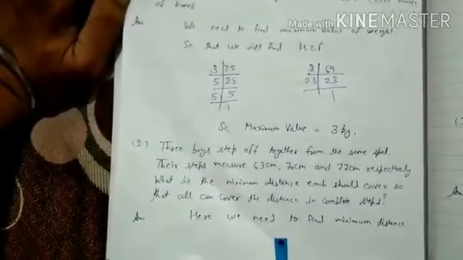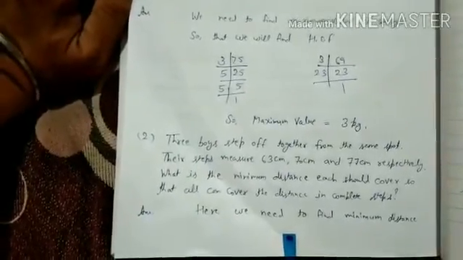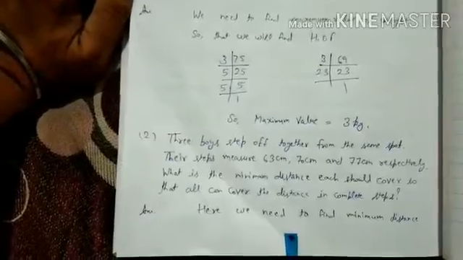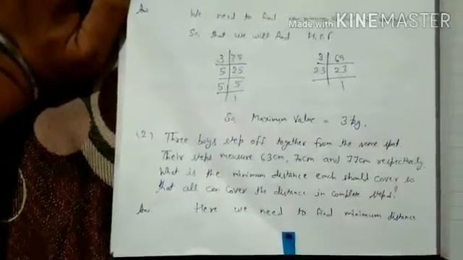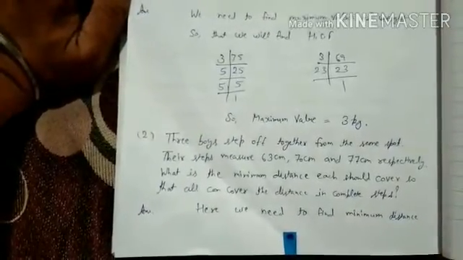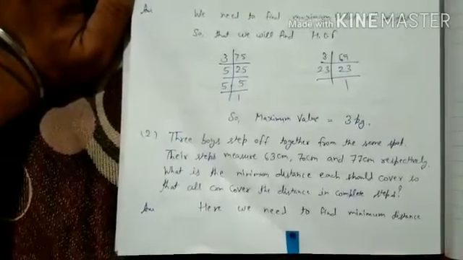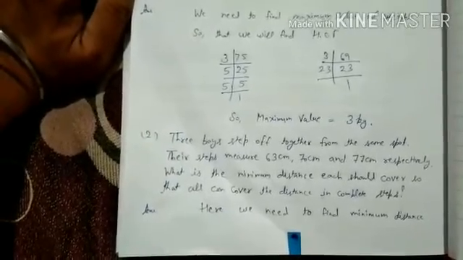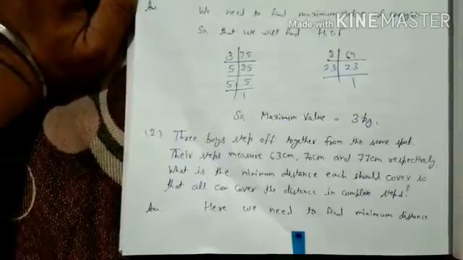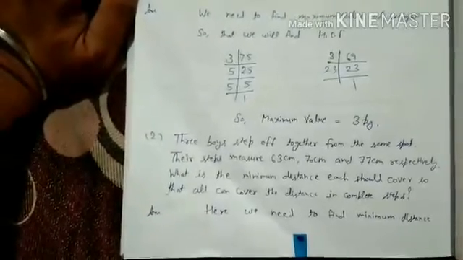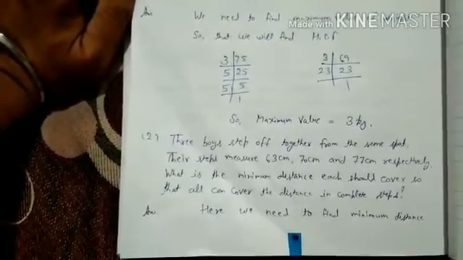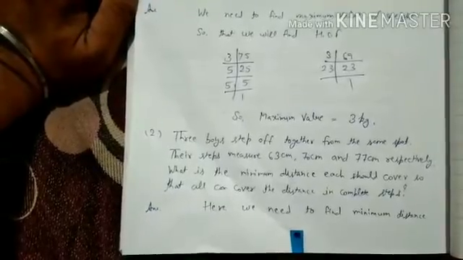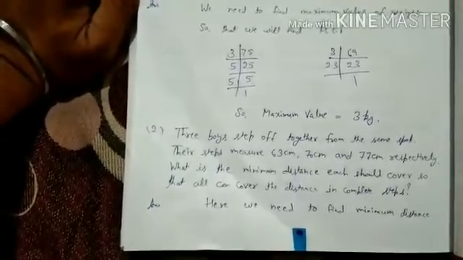3 boys step off together from the same spot. You can see the words same spot. Their steps measure 63 cm, 70 cm and 77 cm respectively. What is the minimum distance each should cover so that all can cover the distance in complete steps? Here we need to find the minimum distance.